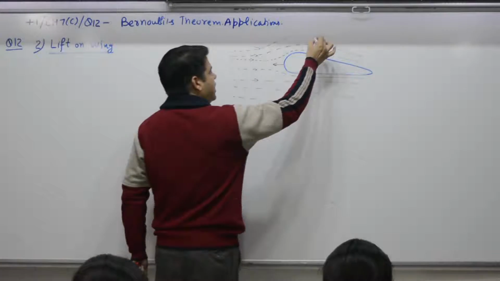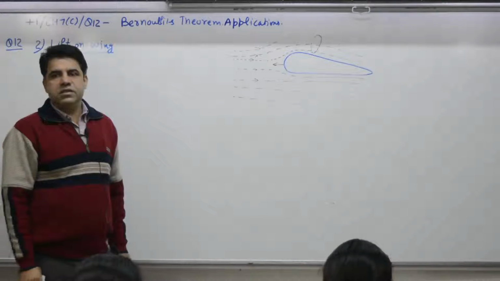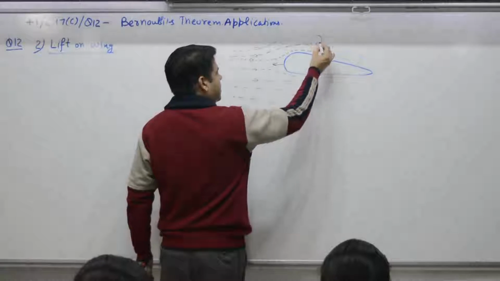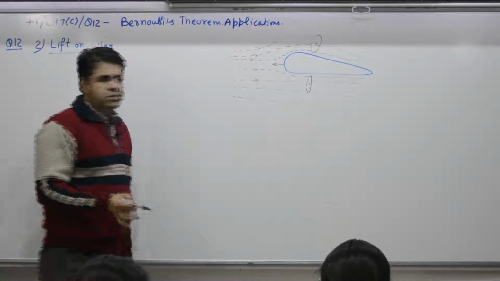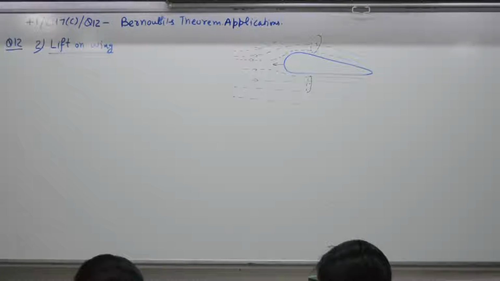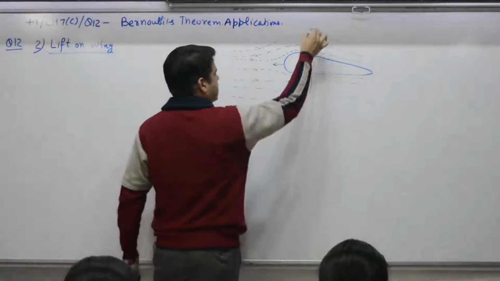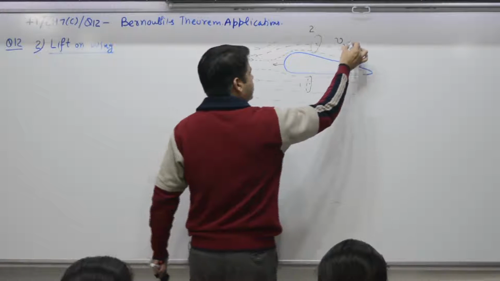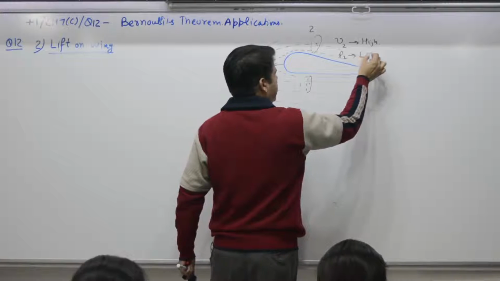Streamlines, this point corresponds to what? Crowding of streamlines. Crowding of streamlines means what? There are 2 points marked, 1 and 2. This point is marked as 1, this as 2. What about V2? Velocity at 2 is high, pressure P2 will be low.